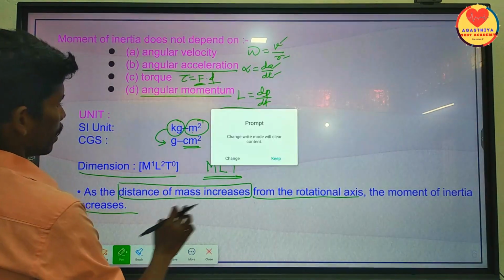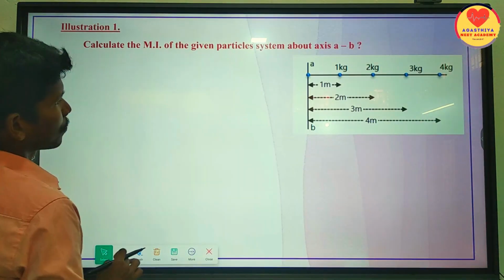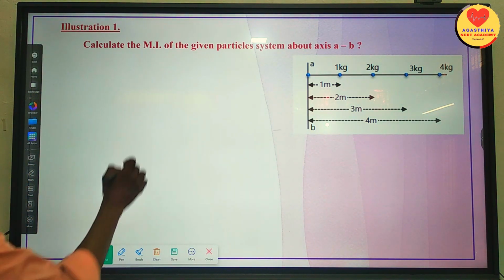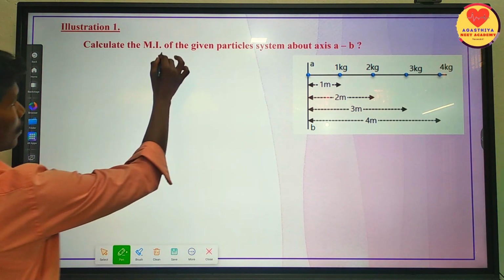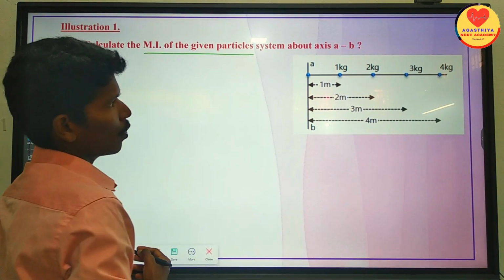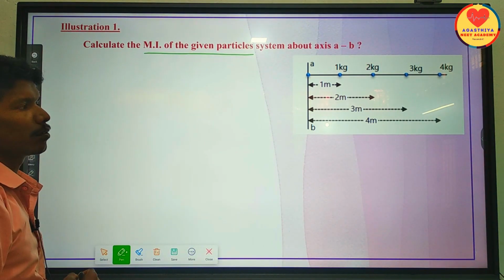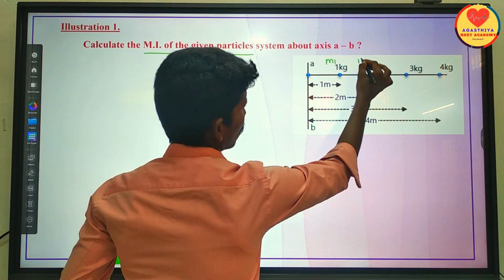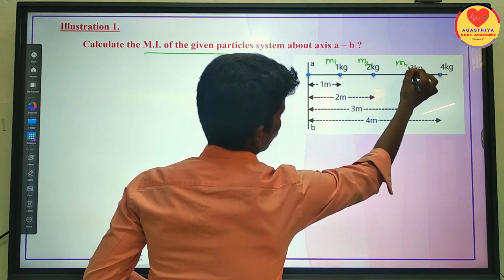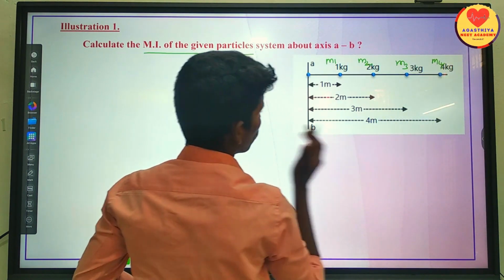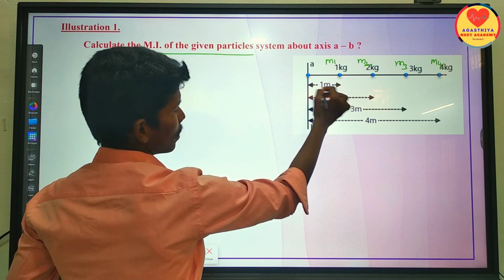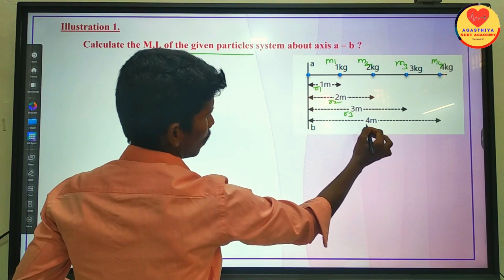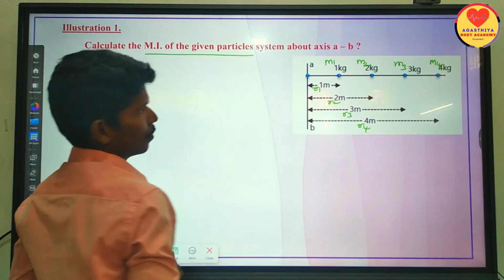Next we will see how to calculate the moment of inertia of the given particle system about A to B. This is the first mass M1, M2, M3, M4, and these are the distances R1, R2, R3, R4.